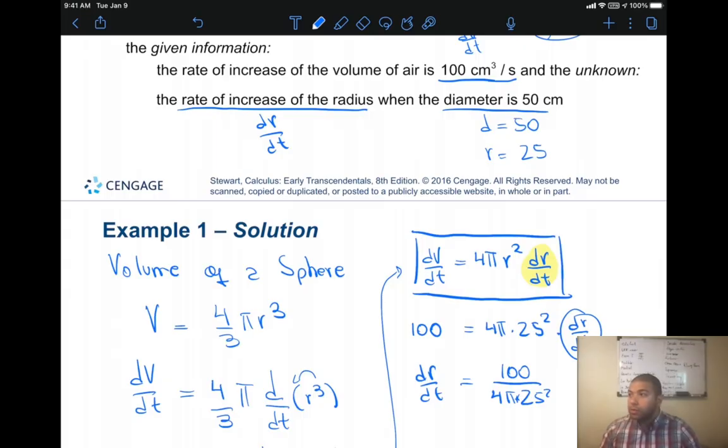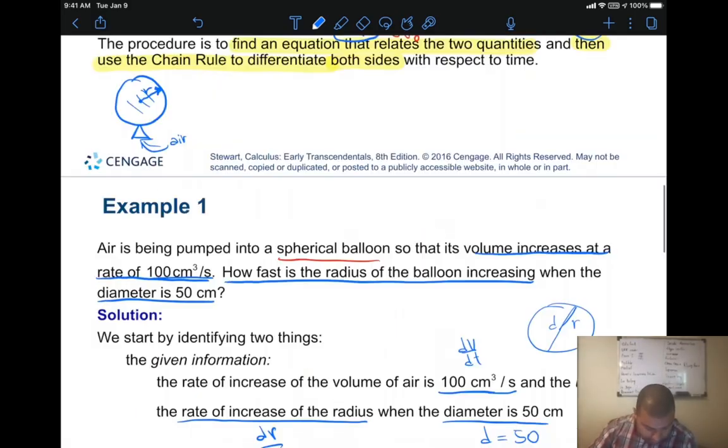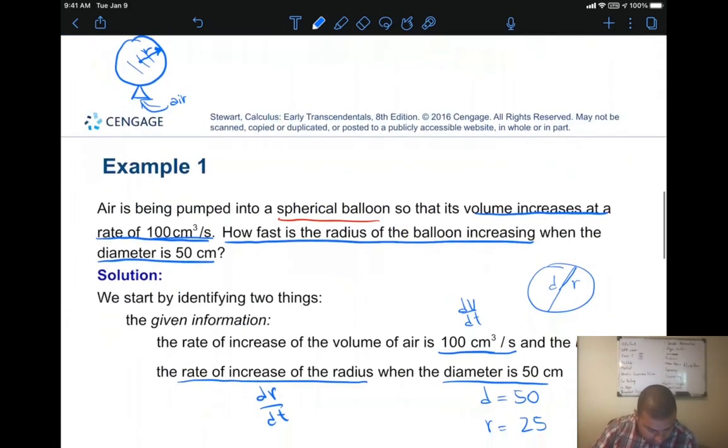So I'll do that just so I can give you a number. So that will be 100 divided by 4 pi times 625, right? 25 squared. See if my math went out okay. It does look good. So that's approximately 0.0... Does it say how many decimals it wants? Does not say.